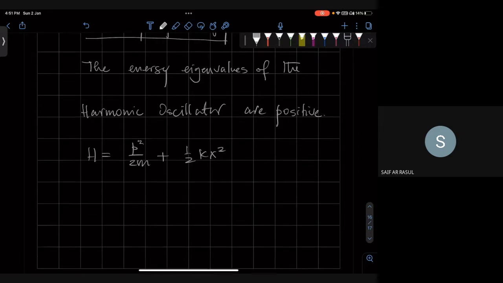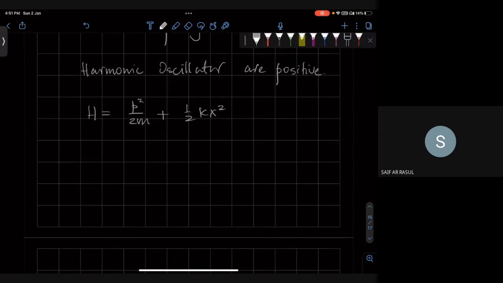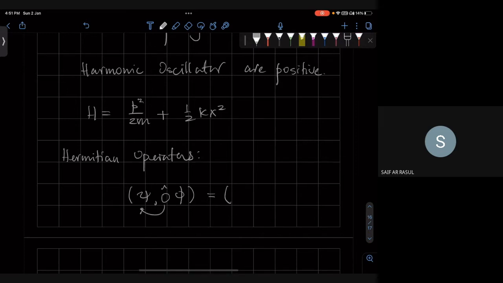Now, recall that for Hermitian operators, if I have psi, O hat, phi, an identity is that if I take O over here, I have to Hermitian conjugate it.